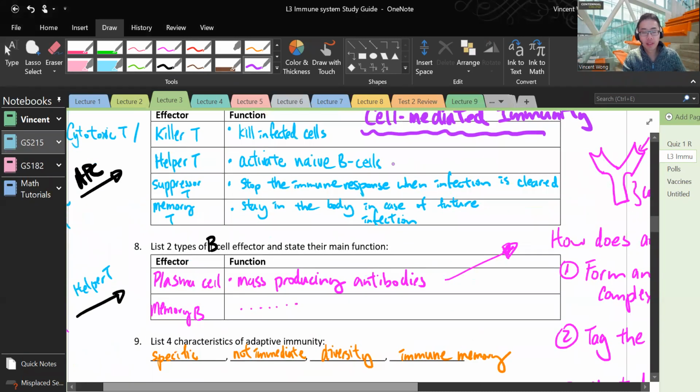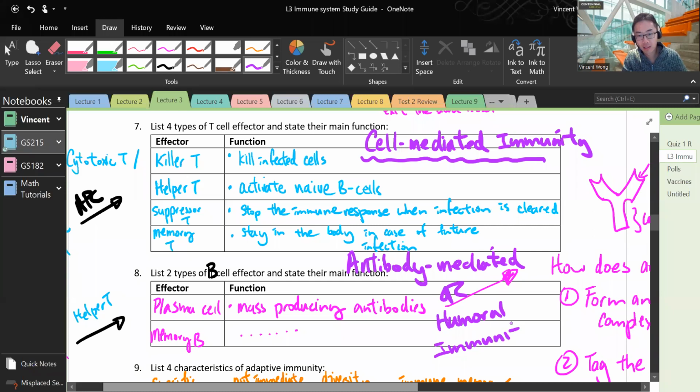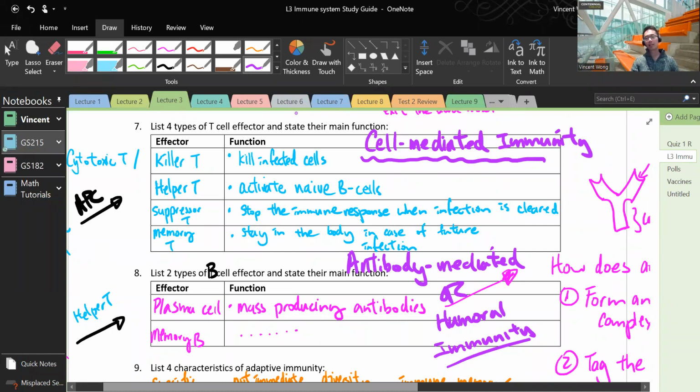Whereas over here, the stuff involving the B cells, we call this antibody-mediated, or humoral, I don't know why it's called that, immunity. So adaptive immunity has two branches: the cell-mediated branch that involves T cells and the antibody-mediated branch, which involves the B cells.